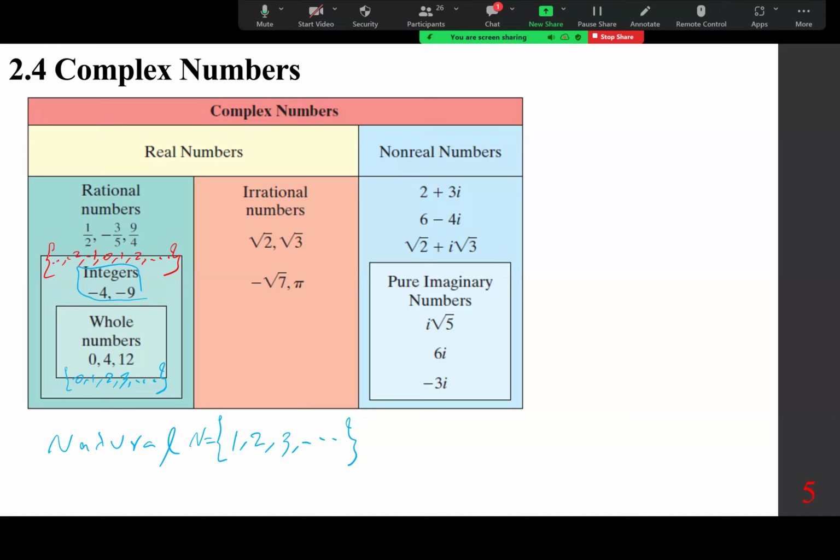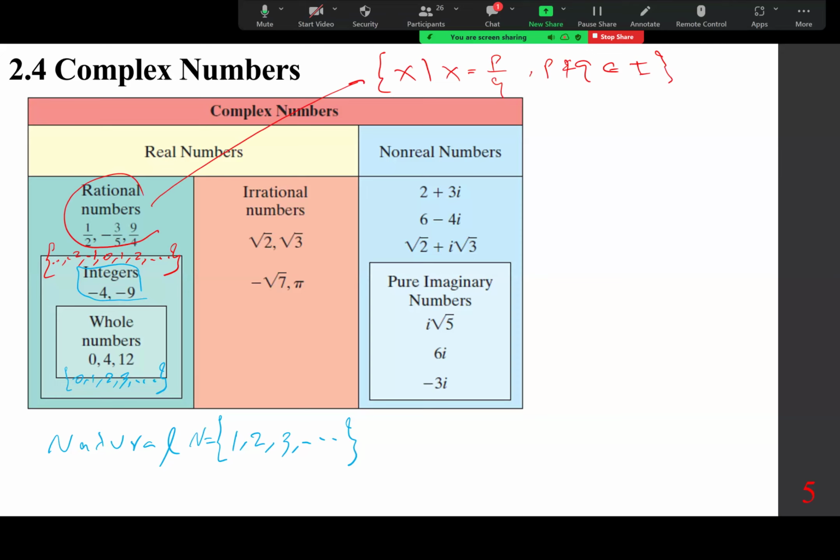Rational numbers, anything that we can put into the form of a fraction, where the top and the bottom are integers. x such that x equals p over q, and p and q belong to the set called integers, meaning you can write it in a fractional format.